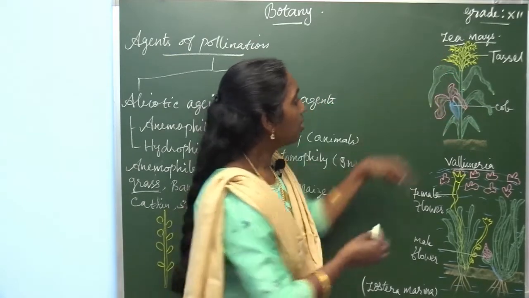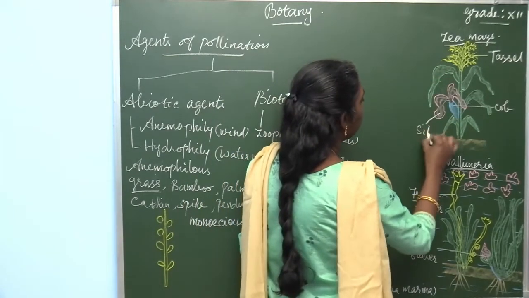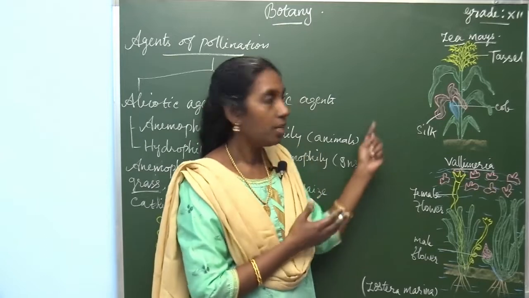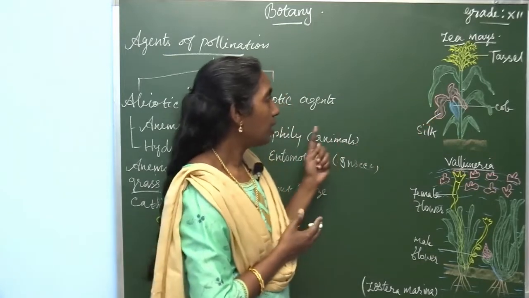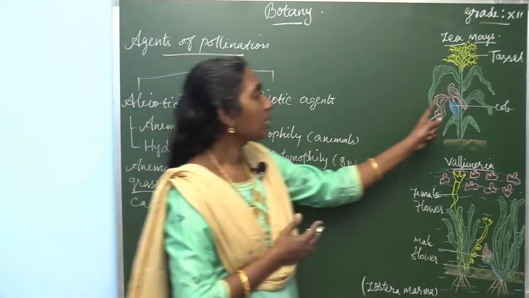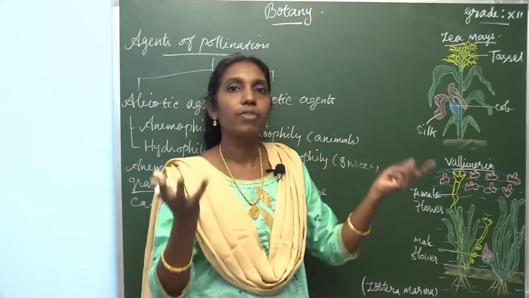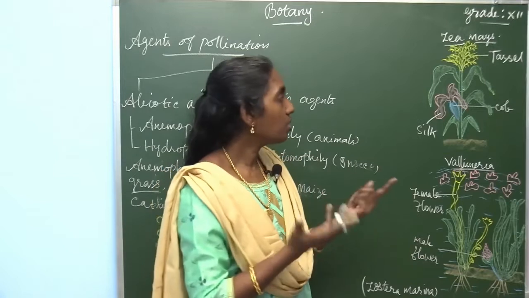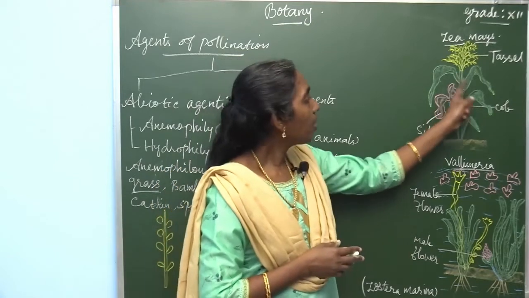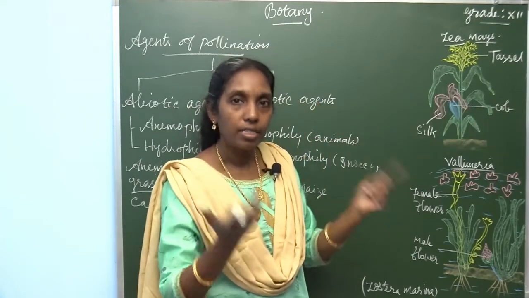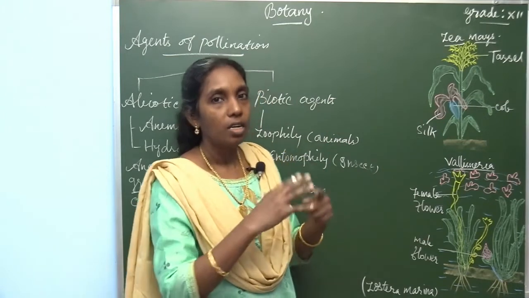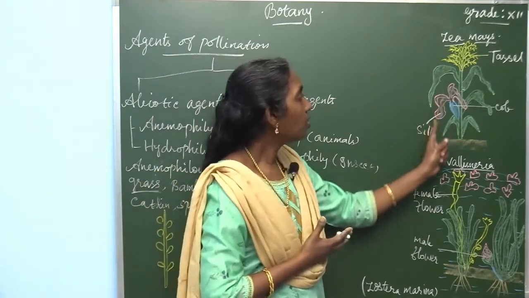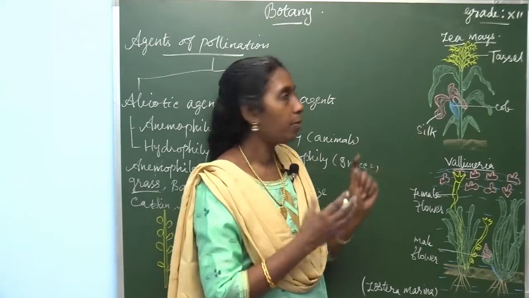This is the region which is known as silk. Another characteristic feature of the wind pollinating flower, that is, the anemophilous flower, is that the stigmatic surface is very long and feathery. Sometimes it is branched or wing shaped. So here it is very long and either branched or feathery. Here also it is a very long stigmatic region.